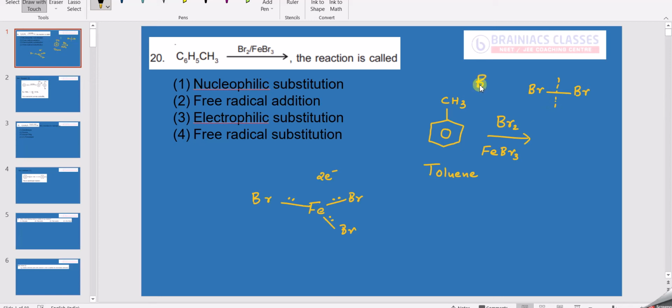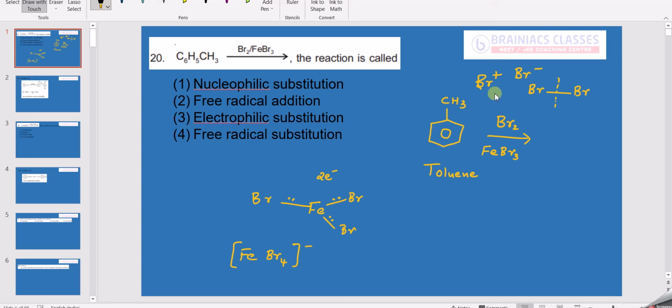So you will get Br plus and Br minus. This Br minus will react with FeBr3, forming FeBr4 minus. This is a stable species.